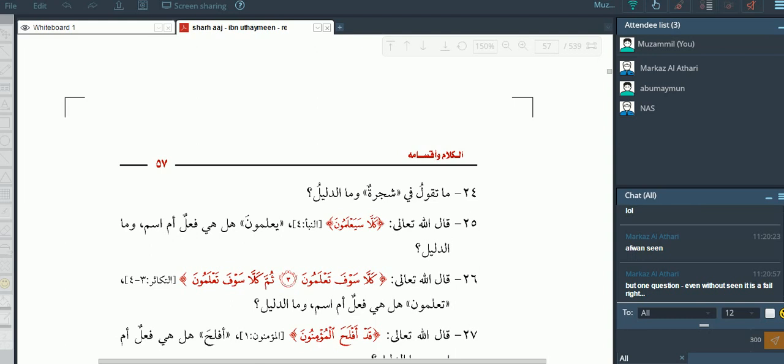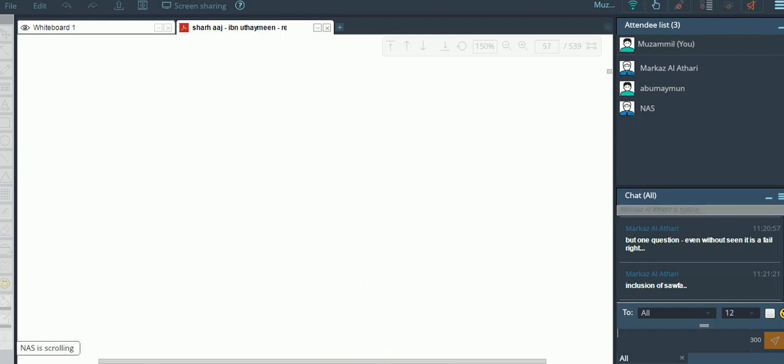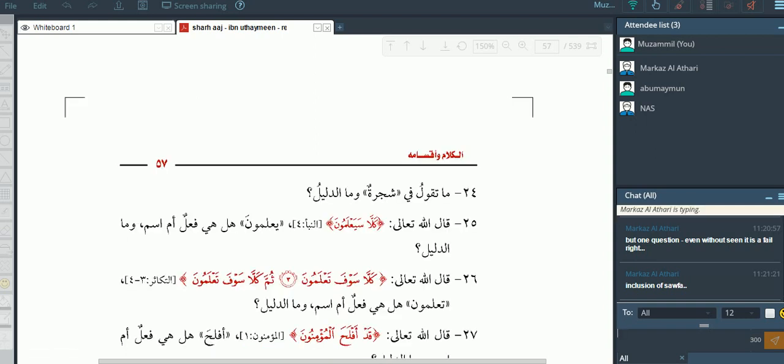Of course it's a verb without the seen, but the... والفعل يعرف بقد والسين وسوف وتاء التأنيث الساكنة.